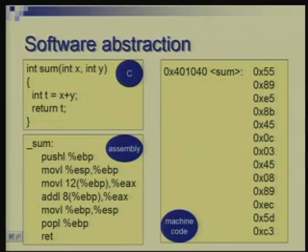Let us look at software abstraction, which you are quite familiar already. You all have done programming, and typically you use C, C++, Java. So, given a problem, you can write a program which is essentially a solution for that problem. So, for example, this is a trivial function which simply adds two numbers and returns the result.